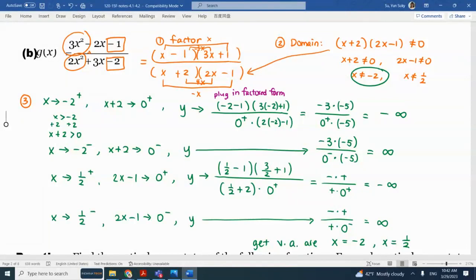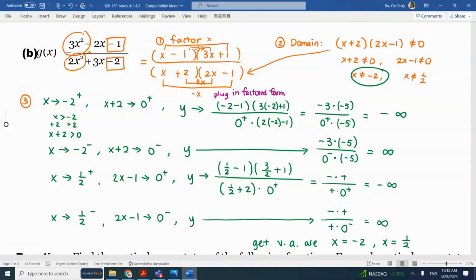We have a vertical asymptote here, right? This tells us that when x goes to -2 from the right, then y goes to -infinity. -infinity is top or bottom? The bottom, right? So it's kind of here.